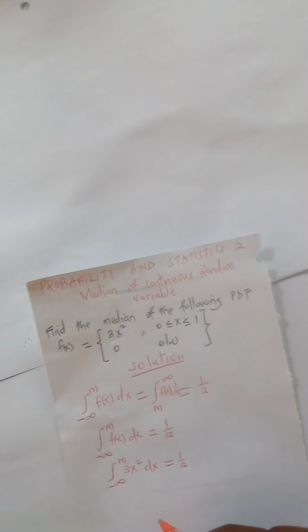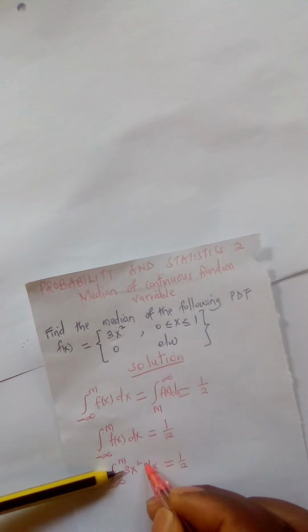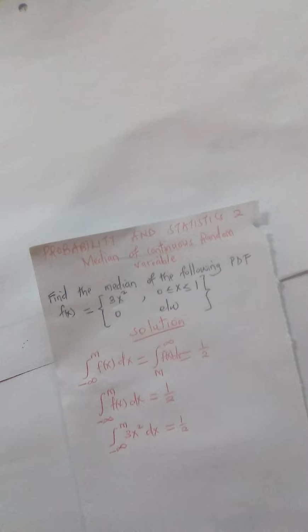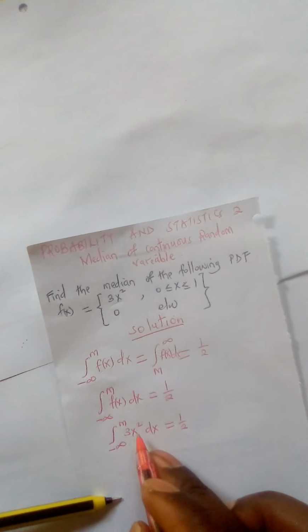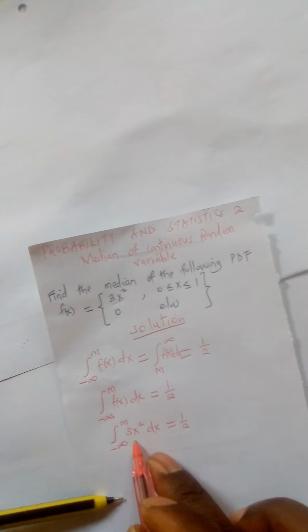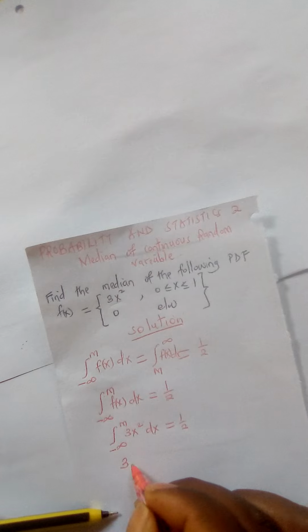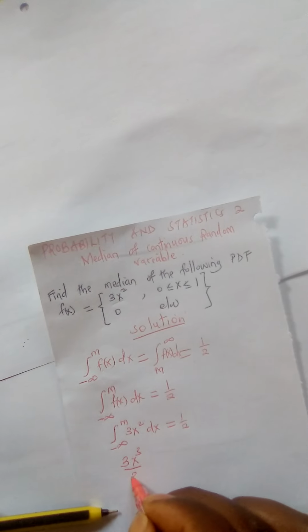Now after that, your work is very simple, because you are just required to integrate 3x squared, and when you do so, just add 1 to the power. So when you take 2 plus 1, which is 3, you will have 3x cubed, then you divide by the new power, which is 3, and therefore you end up with 3x cubed over 3.